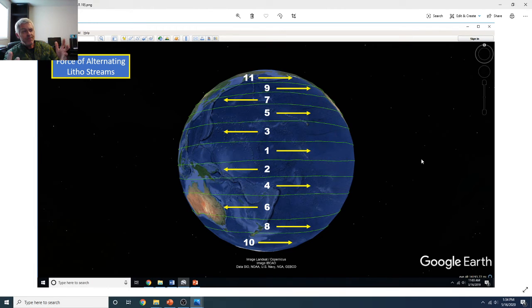Gravity, in its simplest term, is the vacuum of space. Okay, and then the other part of that is the cosmological common denominator is the vortex.